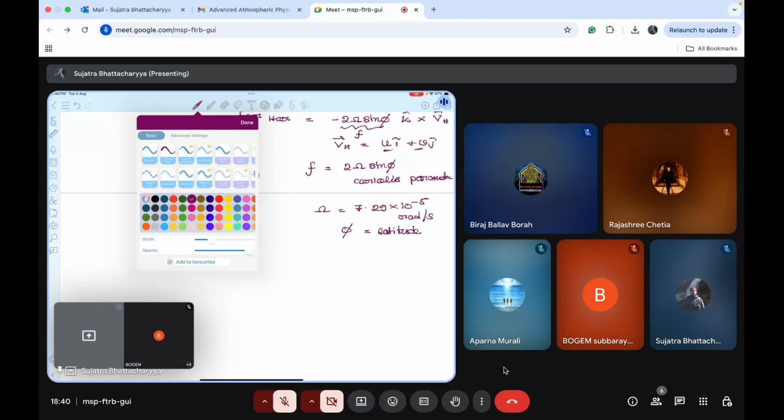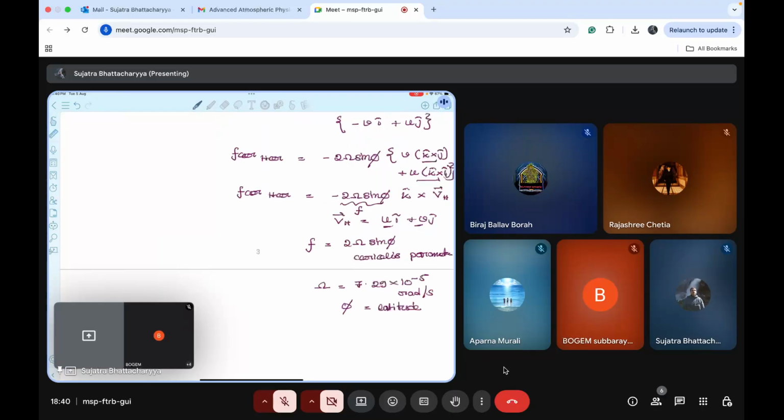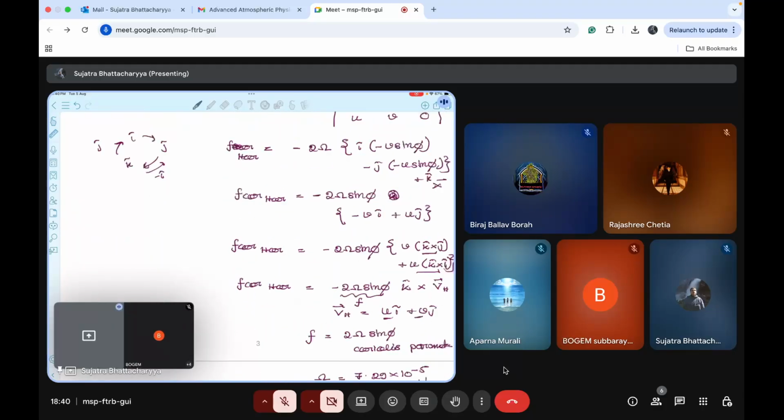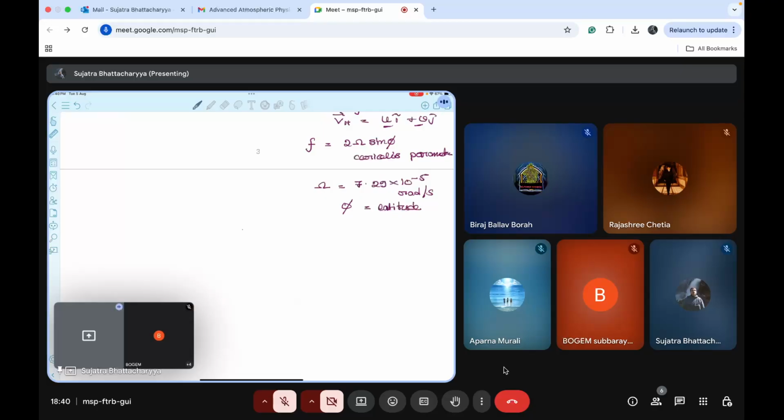Coming into the solution again. So come here. I'm writing dv/dt is equal to minus f times u, the opposite one, negative. f is the Coriolis parameter and u. Next, dv will be equal to minus f u dt.